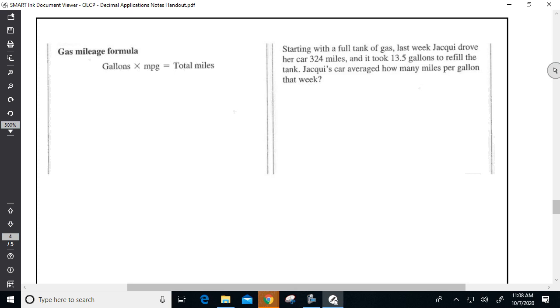Gas mileage. So, gas mileage, that's important. You want to drive a car that's not sucking up all of your gas. Yes, Dodge Chargers are very nice cars. They are gas guzzling cars too.